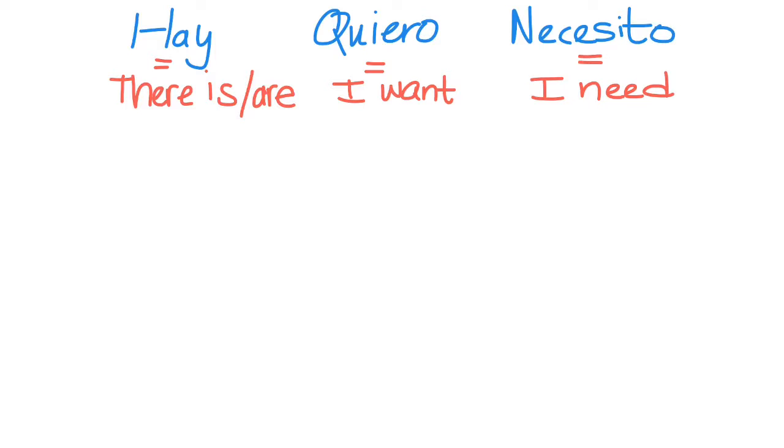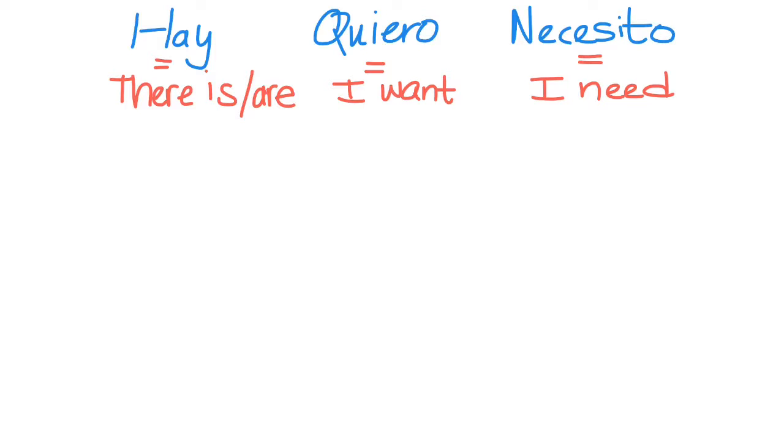So I want to give you an example of the use of this. I'm going to ask you to make three lists, and you can just do this writing it down like I am, and talk about what there is and there are in your house. This is going to be our review for using hay in Spanish 1.